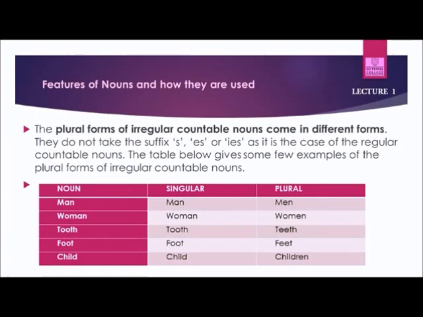Others are child. You can't say childs as a plural form. You can't say children's, no. But the plural form of child is what? Children. Another example is ox. We have oxen and a few others. We have mouse, mice. So these are what we call the irregular countable nouns.